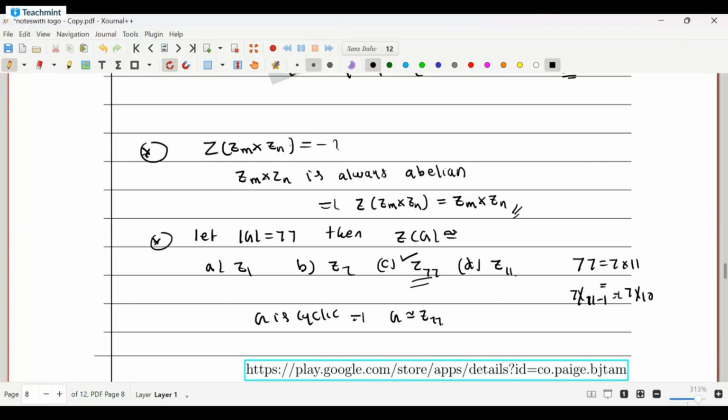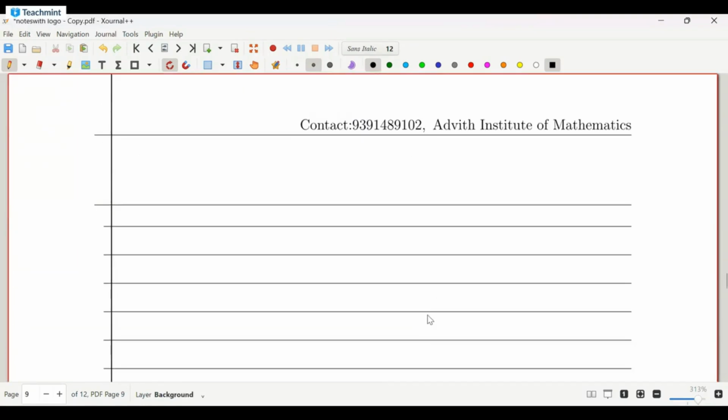Next, find the center of the special linear group of order n. H is equal to dash. So what is SLN of F, sir?